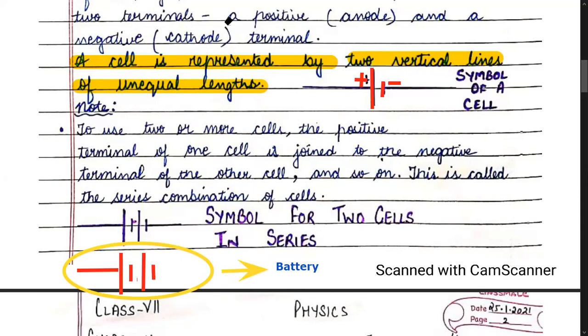If you were having three cells, then the negative terminal of the second would have been joined with the positive terminal of the third cell. So now you can see three cells joined in series, and these three cells joined in series are collectively known as a battery.